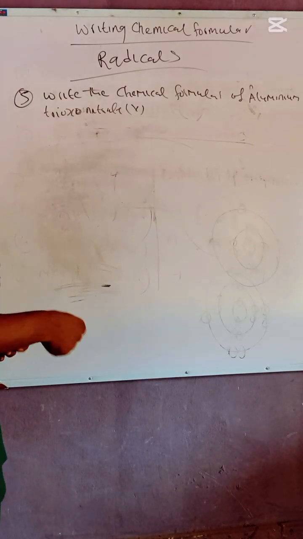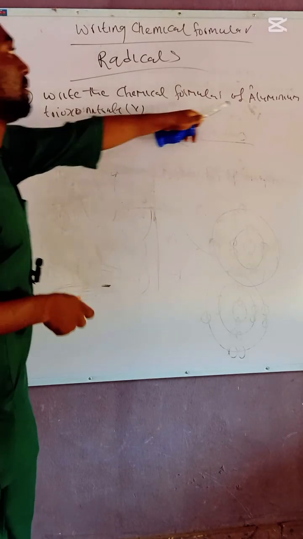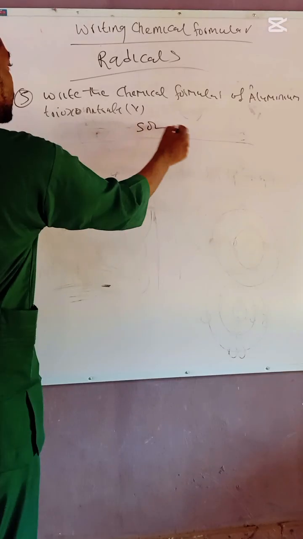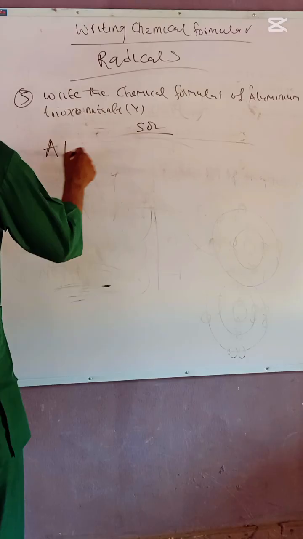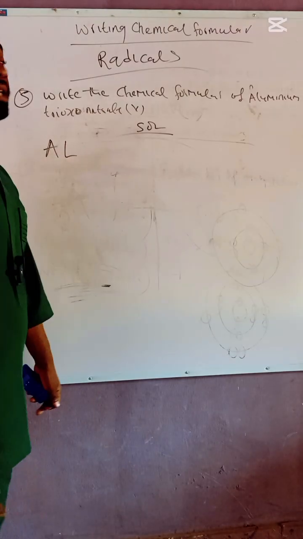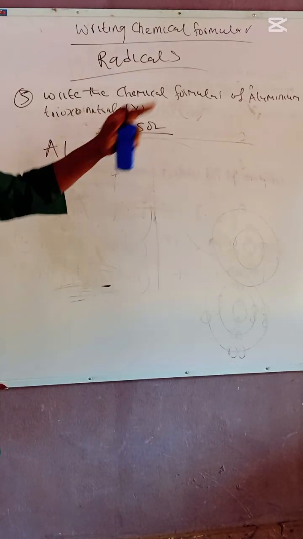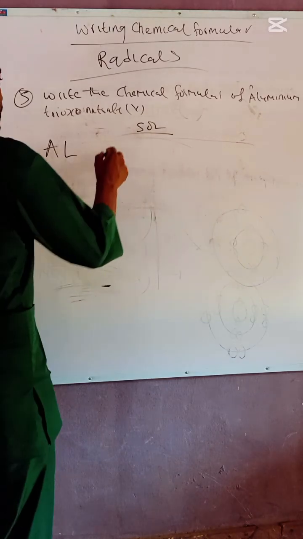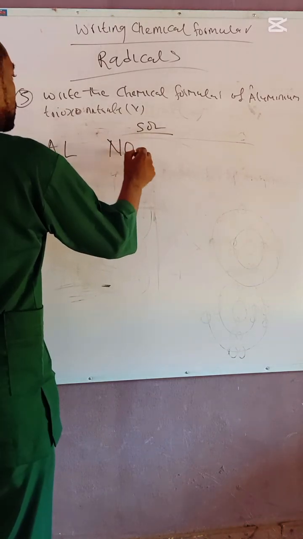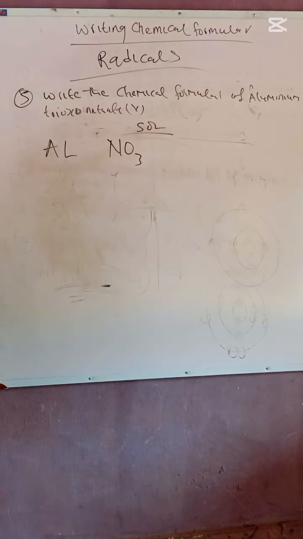Write the chemical formula. Very simple. The formula for aluminium is Al. Then trioxonitrate 5 is a radical, and as we said, it is NO3.